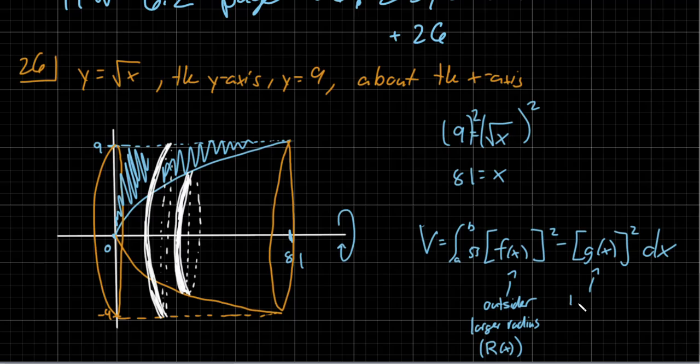Or we can take the smaller one, which is the inner, or smaller radius. So whatever cylinder inside has a smaller radius, also denoted as little r of x. And I've run out of room.